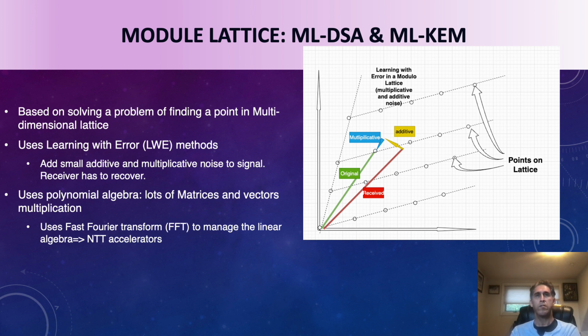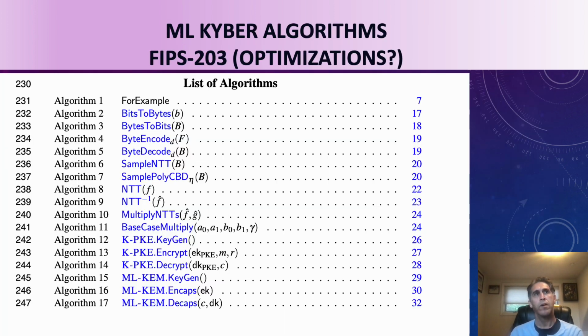They say 256 dimensions, so you've got large matrices and large vectors. You have to multiply them, you have to add them, and so on and so forth. So people are using a sort of fast Fourier transform and that type of accelerator. I call it number theoretic transform, or NTT. So you see a lot of NTT accelerators out there provided by vendors.